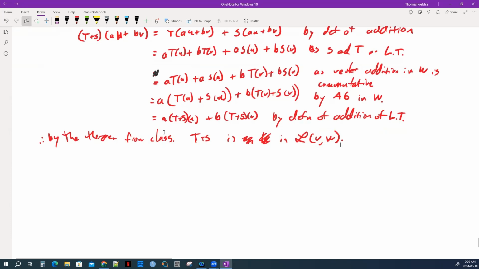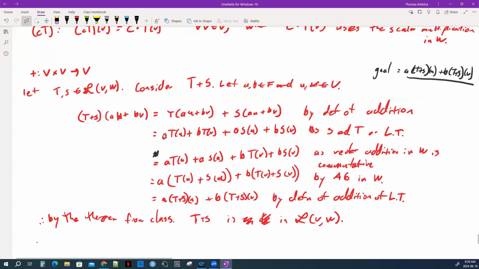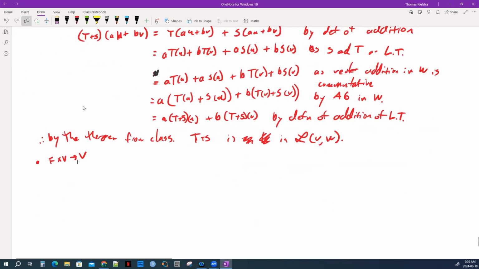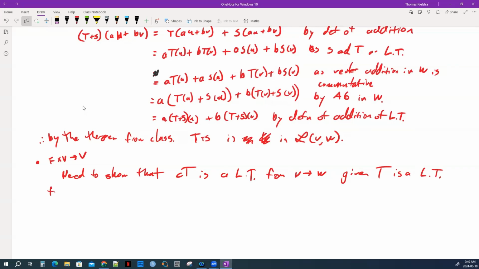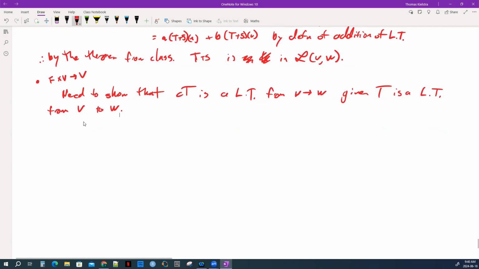Okay. So the next thing that you would show is that the dot operator, which takes a field entry and a vector space element and maps that to your vector space, you need to show that cT is a linear transformation from V to W, given T is a linear transformation from V to W. And I'm going to leave this as an exercise for you guys to do.